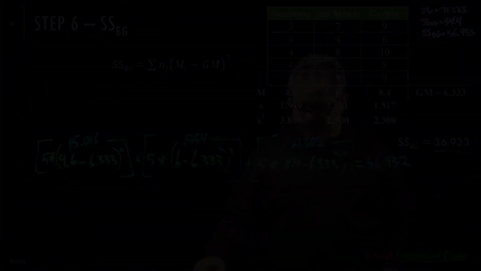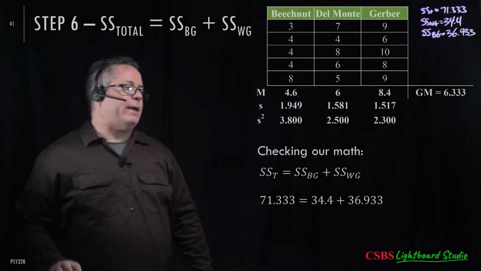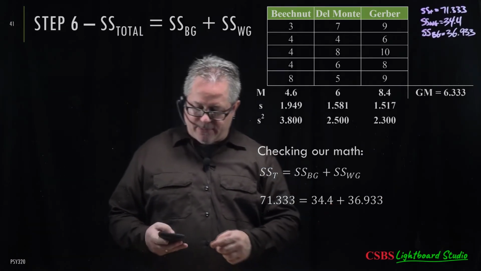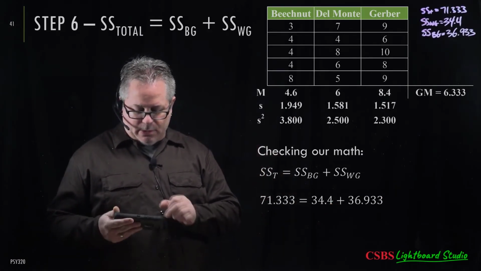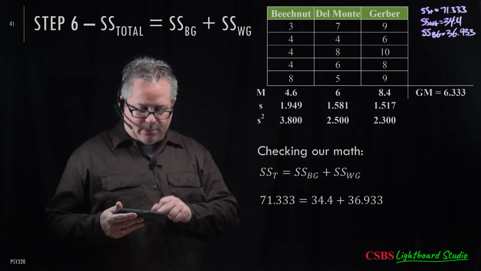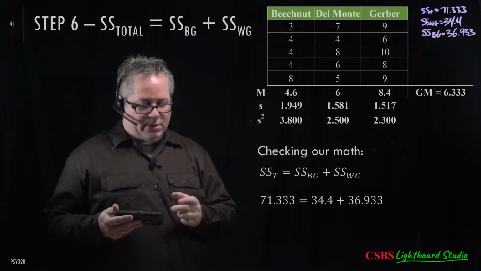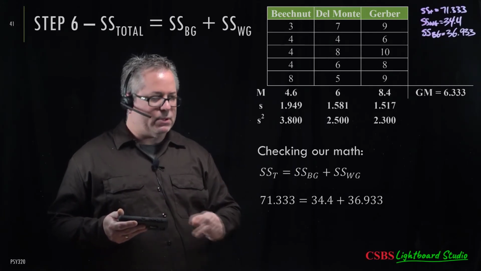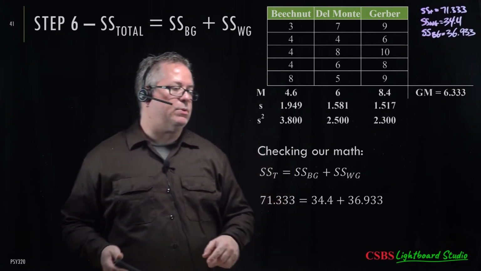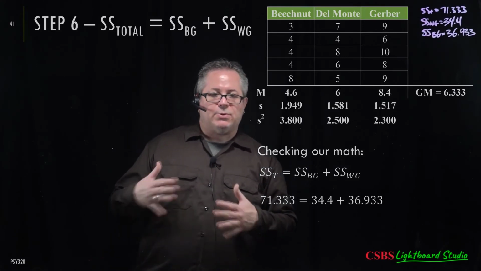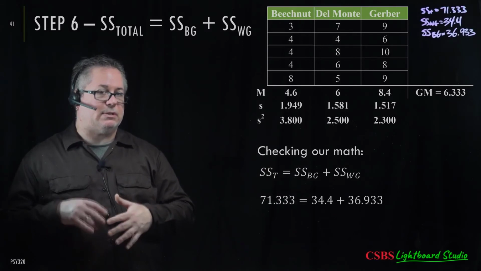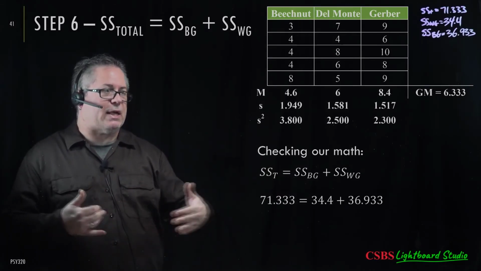Okay. All right, so checking our math, we can see if I take 34.4 and add that to 36.933, it equals 71.333. When we say that the sum of squares total is equal to the sum of squares between plus sum of squares within, technically that should add up.